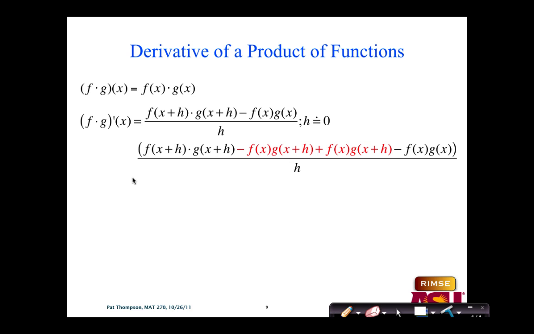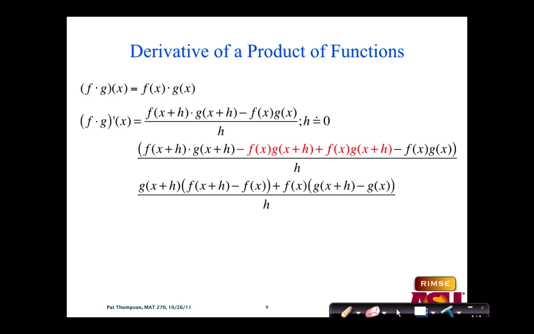Factoring out a common factor, it looks awful right now, but if I factor out that g of x plus h from the first two terms, I have g of x plus h times the leftover stuff, f of x plus h minus f of x. That sounds a little bit familiar. And then in the second half of the numerator, just keeping this plus, factoring out a positive f of x, I'm left with g of x plus h minus g of x.